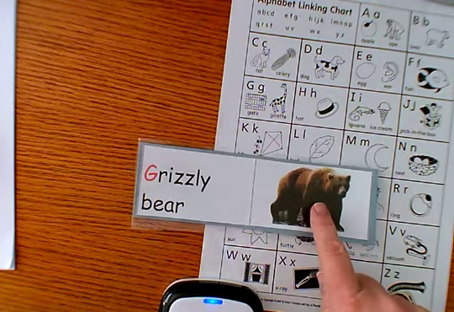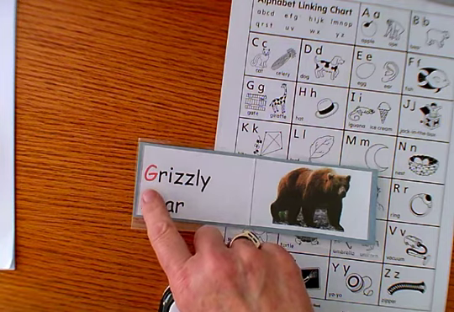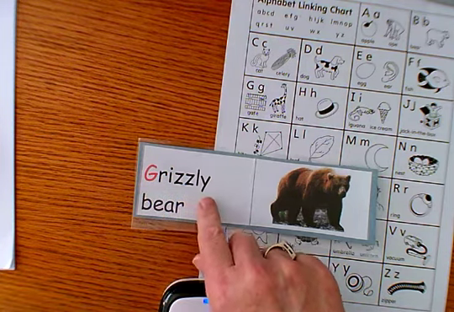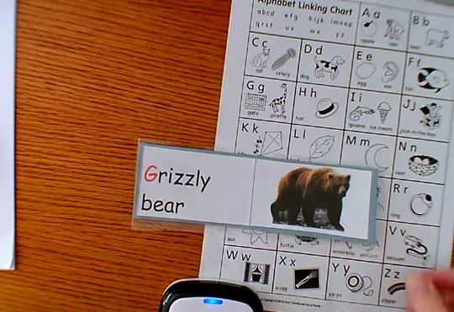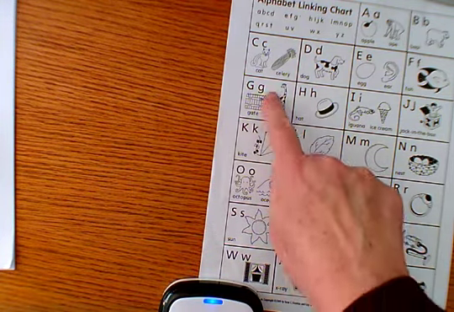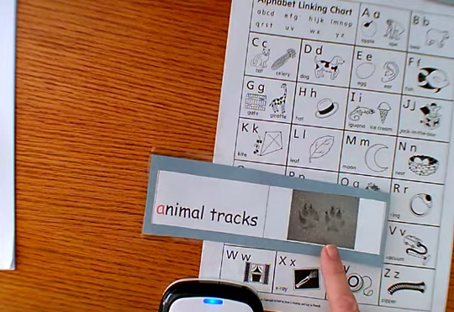This is a grizzly bear. G. These are animal tracks.